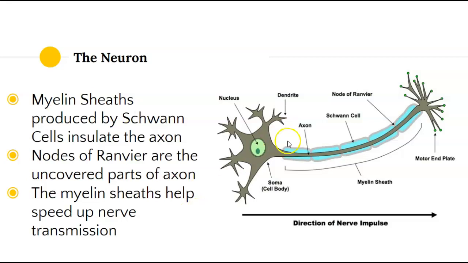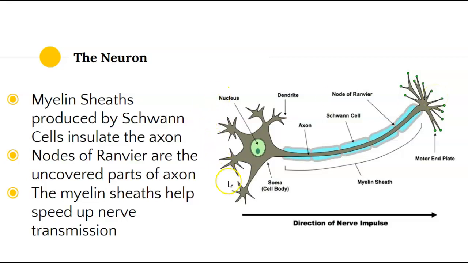So this is a neuron. The neuron receives impulses from other neurons that originate from the brain. These impulses travel through the neuron and then get passed on to the next neuron.